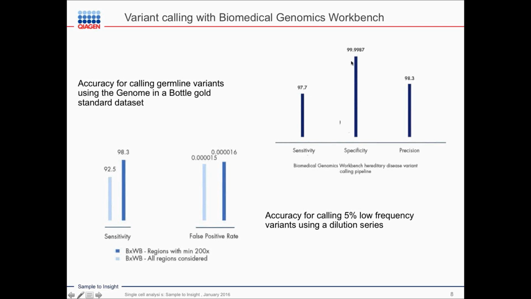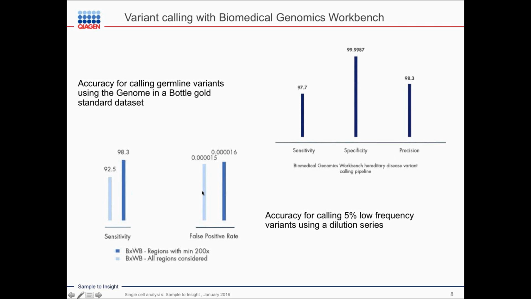So the true positives is telling us if a variant is there, and are we able to find it, and the specificity is telling us the kind of the opposite of a false positive. This is telling us that we're not calling variants that aren't there. And the precision is telling us of all the variants that are called, how many are truly positive.